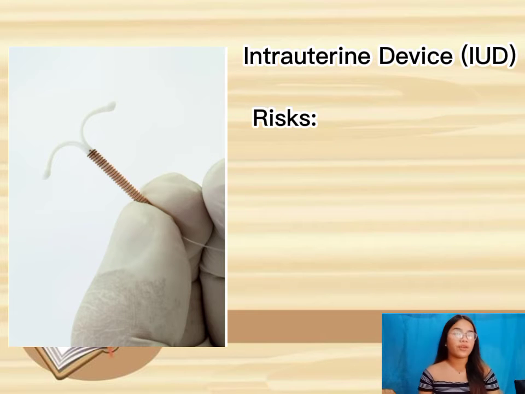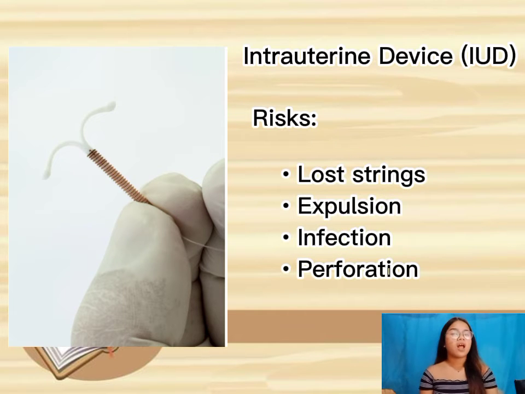The risks of it are: first, lost strings. The IUD strings, which hang from the bottom of the IUD, protrude from the cervix into the vagina. These strings are left in place when the IUD is inserted, but they can sometimes work their way up into the uterus. Missing or lost.